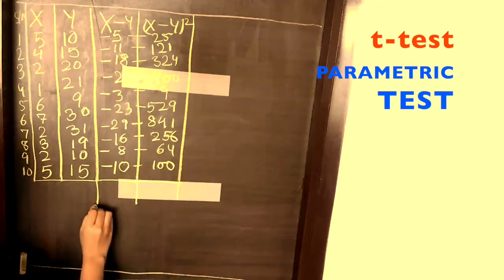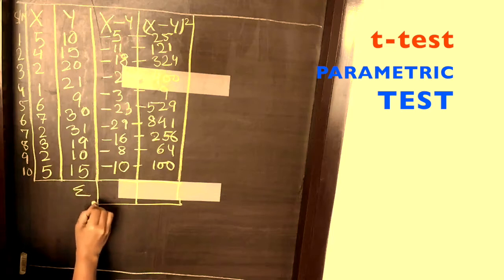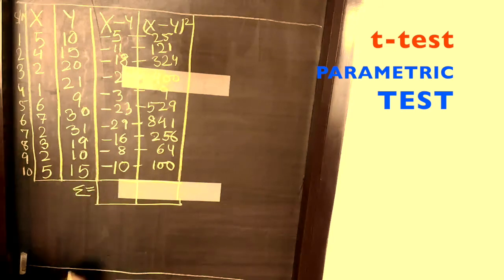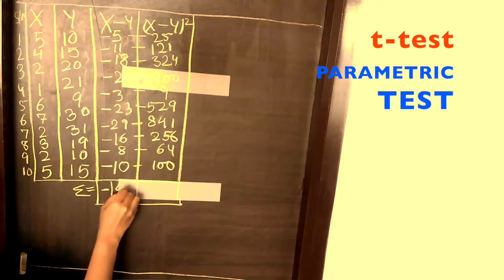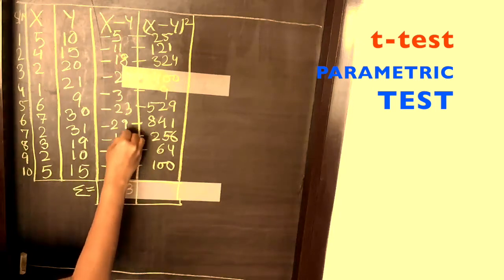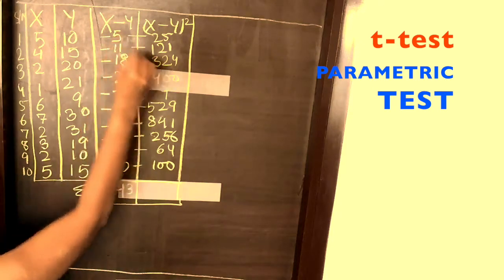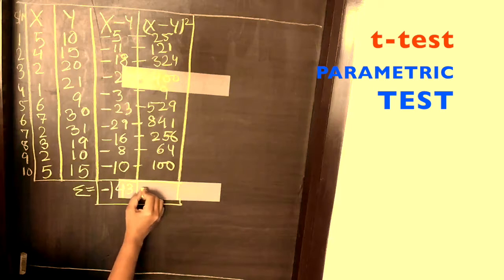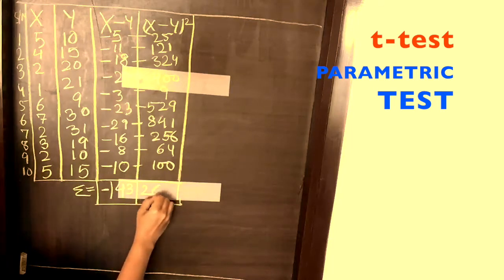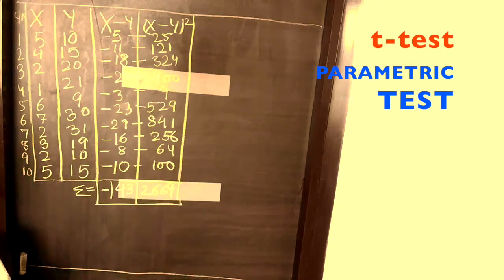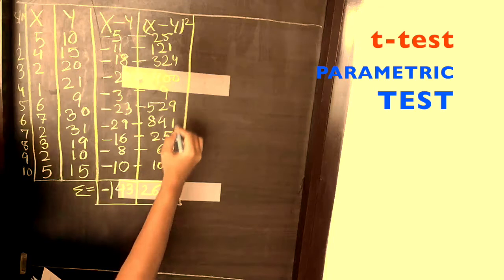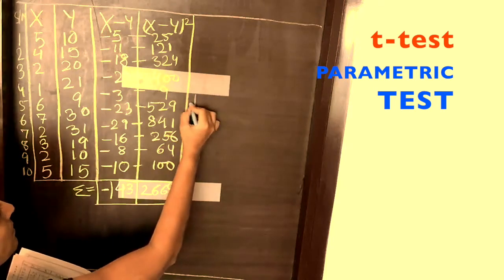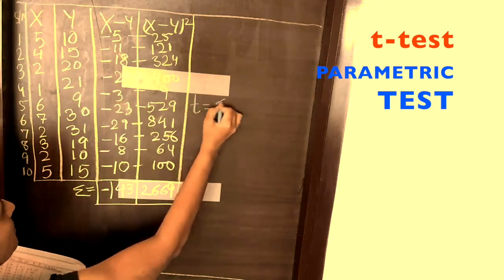So now here we are done with the calculation of x minus y and square of x minus y root, and now we'll find the sum of all the numbers that we've got. So we got the sum of x minus y and sum of x minus y square here.